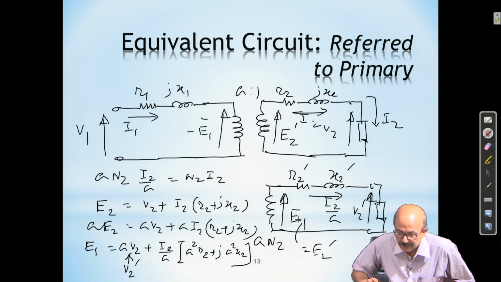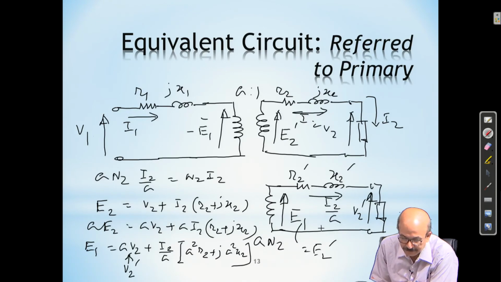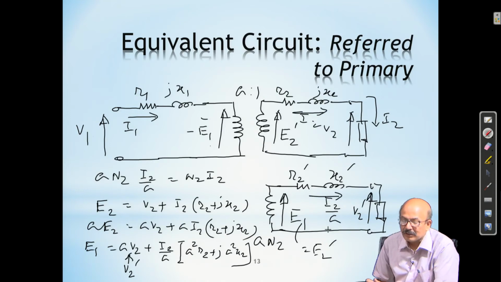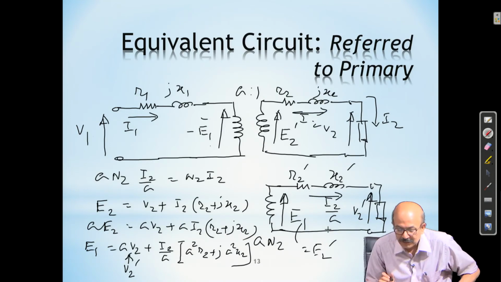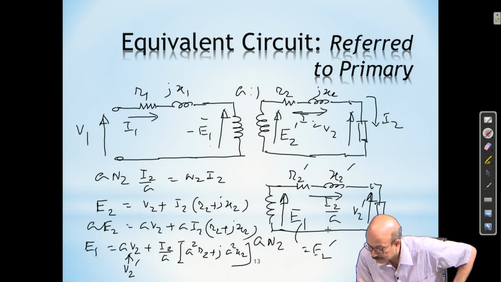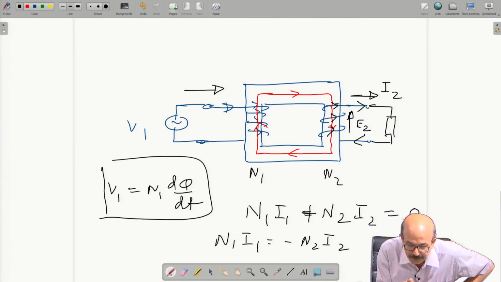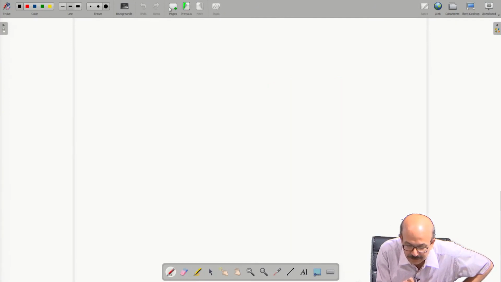Okay. So now if we consider this primary and this secondary, and try to draw the phasor diagram again, what happens? Let us go to the next one.